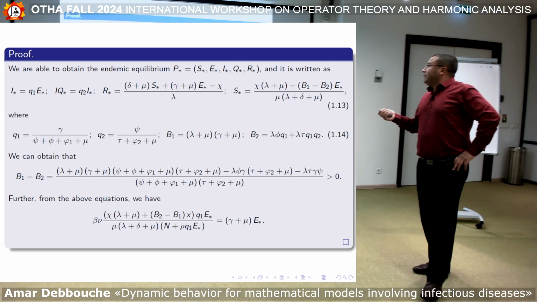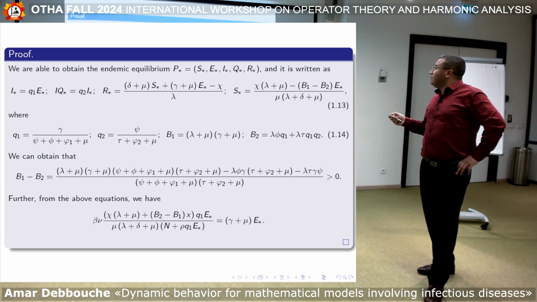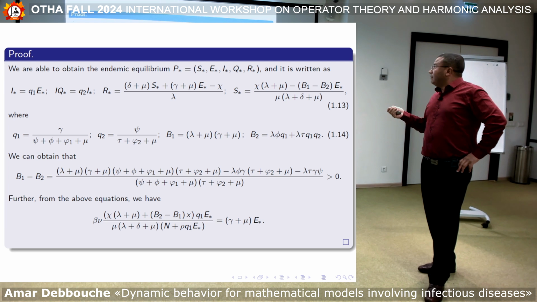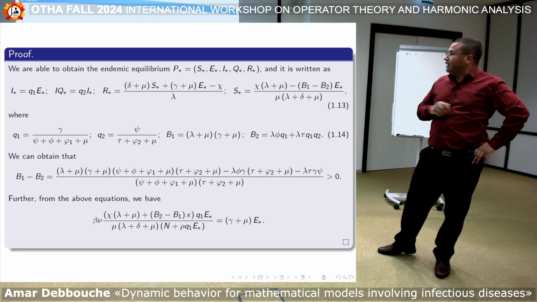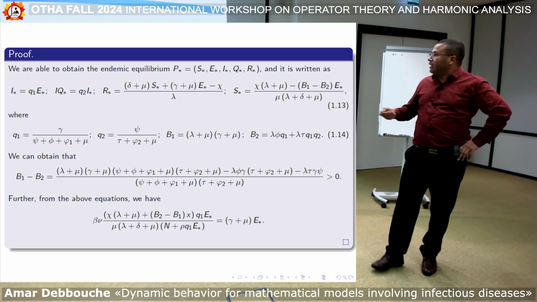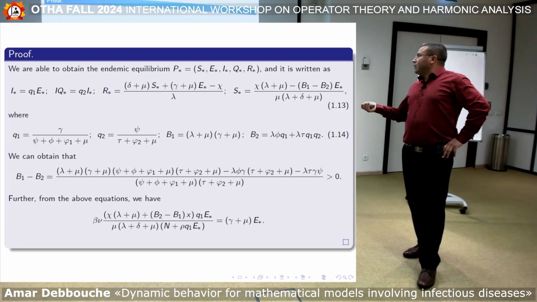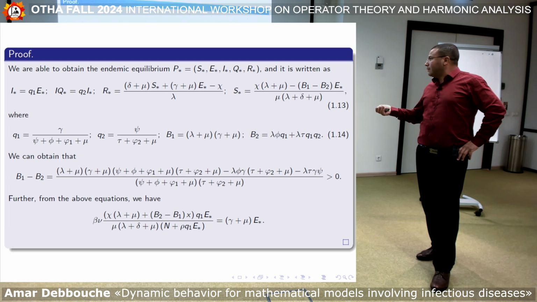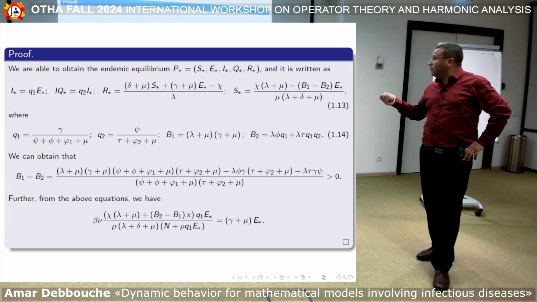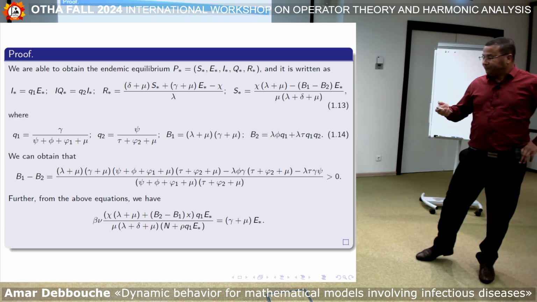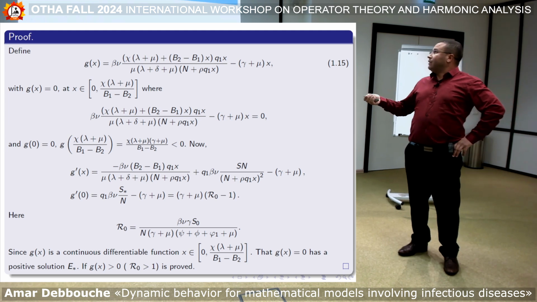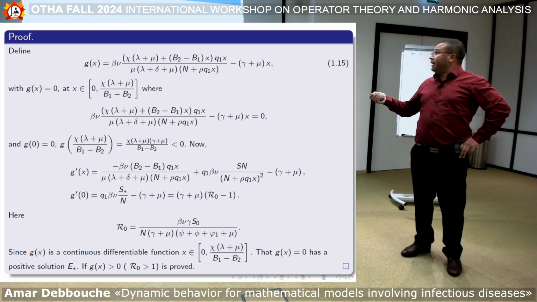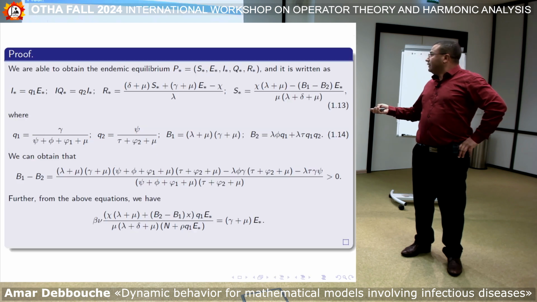We consider P star with its form such that all terms are defined as you see, the same with its coefficients. So it is easy to get this last equation from the above statements. After that, we define this function g of x. It is the same, from this part.